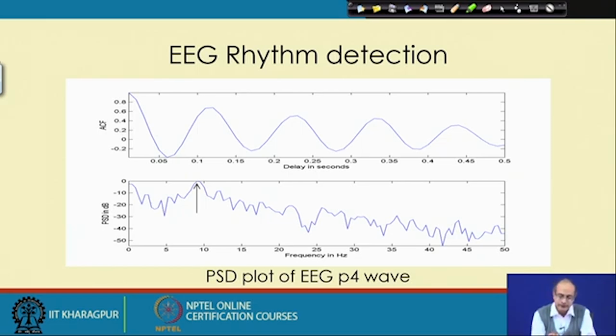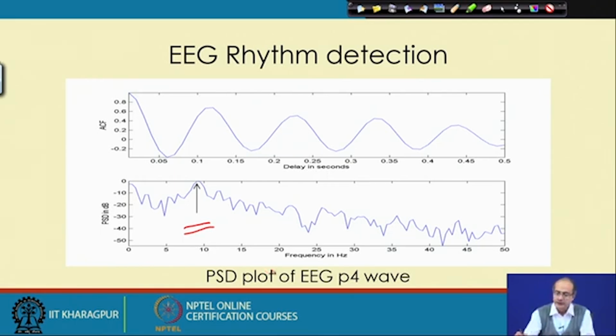What we get is a distinct peak at about 9 hertz. That way we can conclude that alpha wave is present, because the peak falls within the range of alpha, and it becomes a direct way of getting the decision.